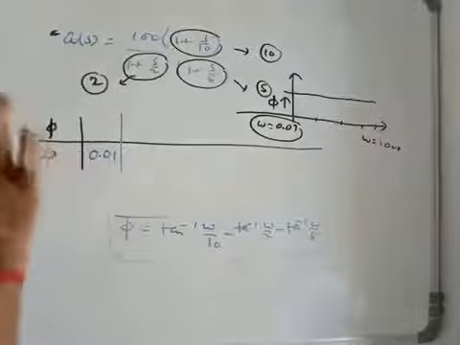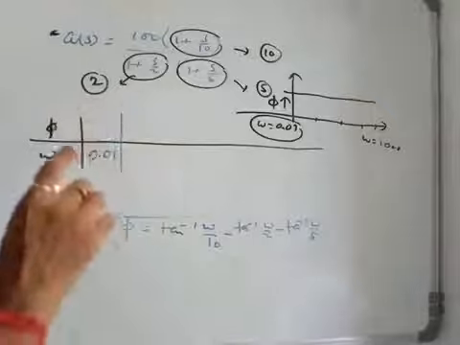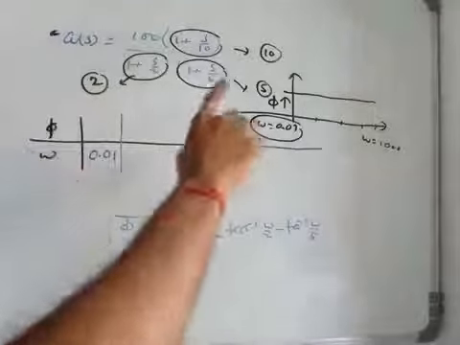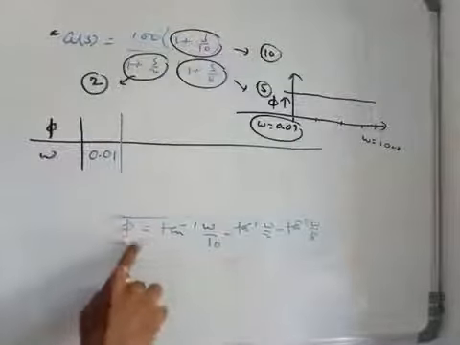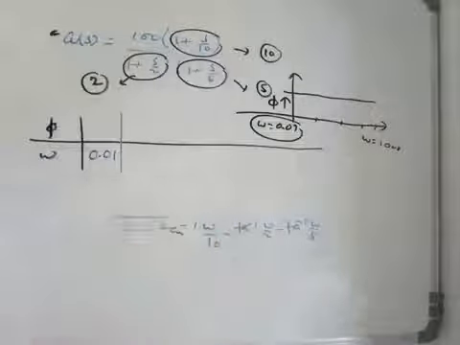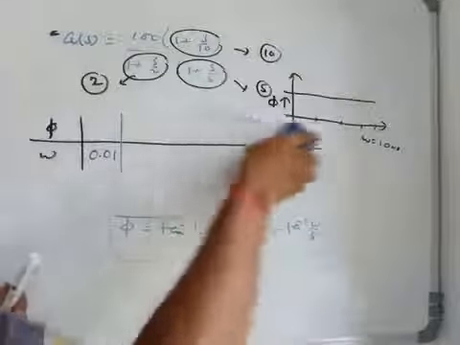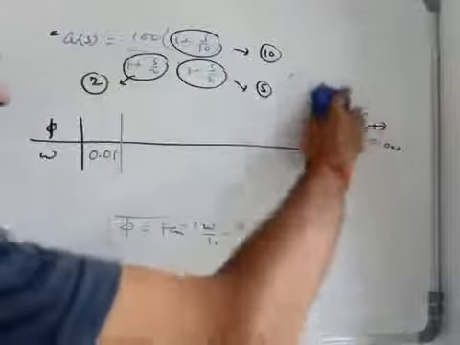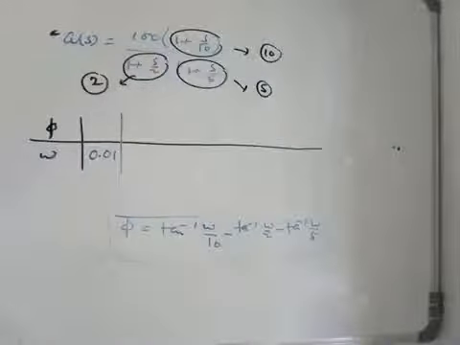This 0.01 should be at least one value we have to take. And how to find out the Bode phase plot? To make this phase plot, we have to get the value of phi corresponding to each frequency. So what are the different frequencies I will take? I will take all the values which are nothing but the corner frequencies.